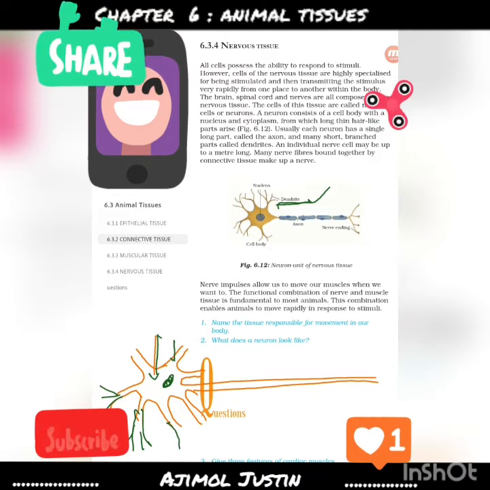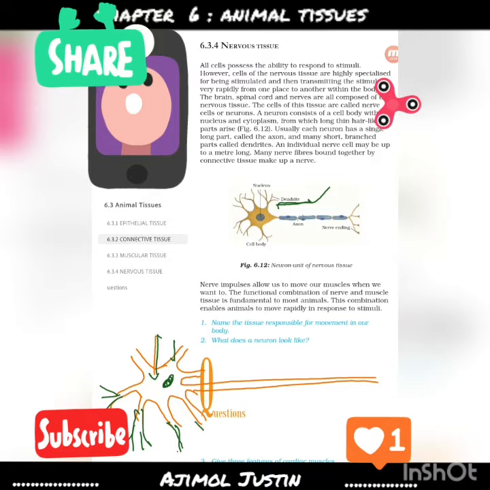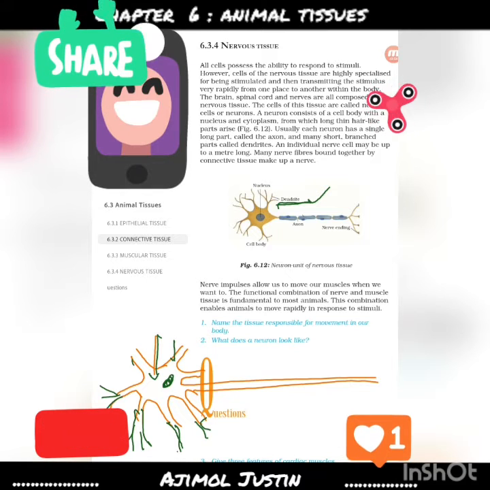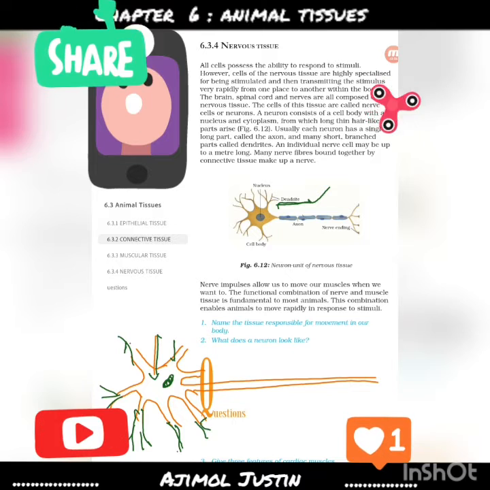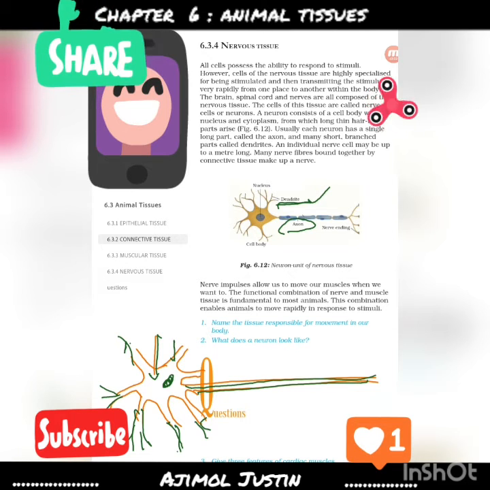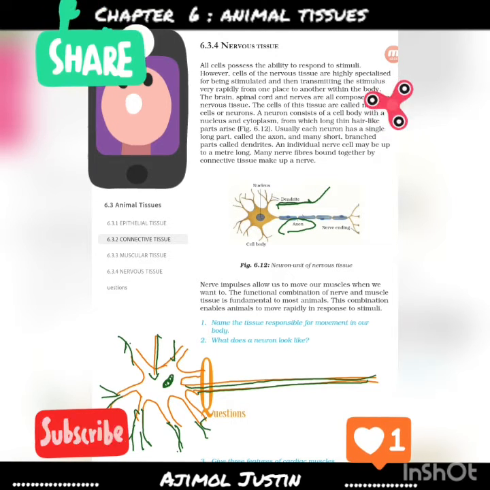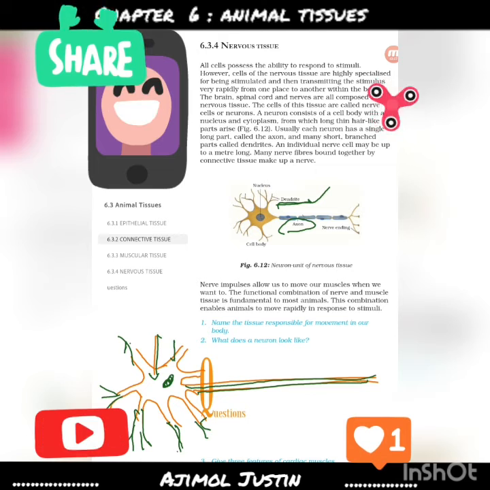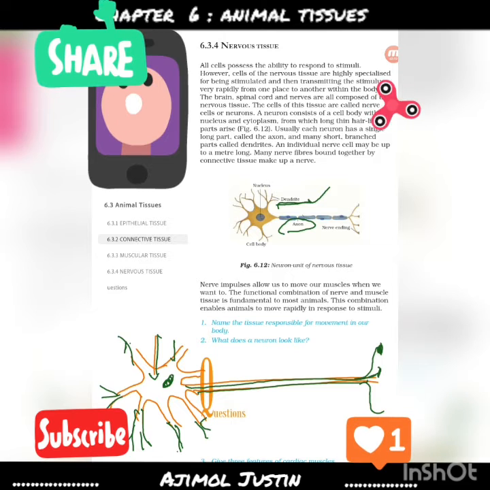The divisions of dendrons are called dendrites. Okay, and the longest dendron is called the axon, and the axon now ends like this with certain knobs on it.